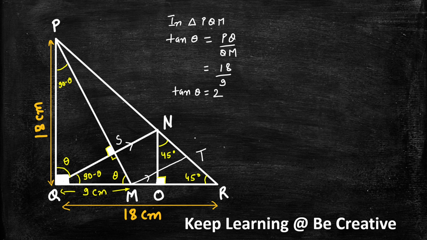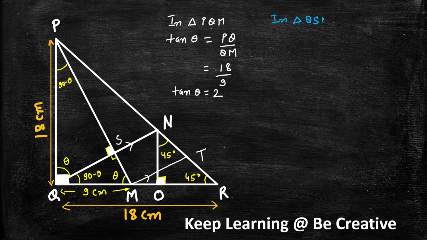2. Now this tan theta is very helpful for me. Now you can identify 2 more triangles with the angle theta and 90 minus theta, that is SQM and triangle PSQ. These 2 triangles also have the same angles. So now I will be applying this tan theta in the other triangle. Next I will be applying this tan theta in triangle QSM.